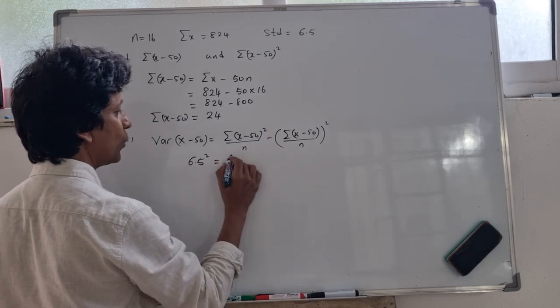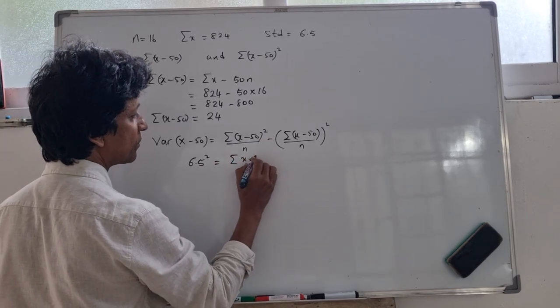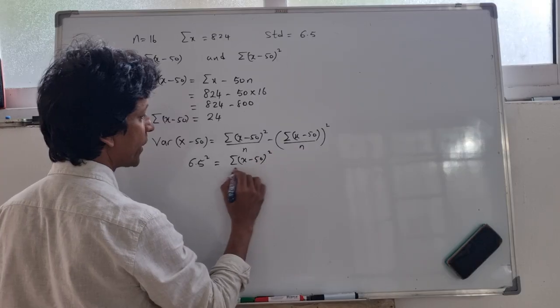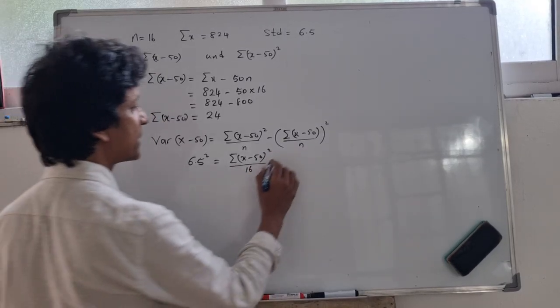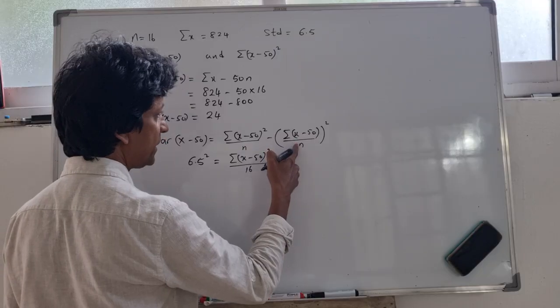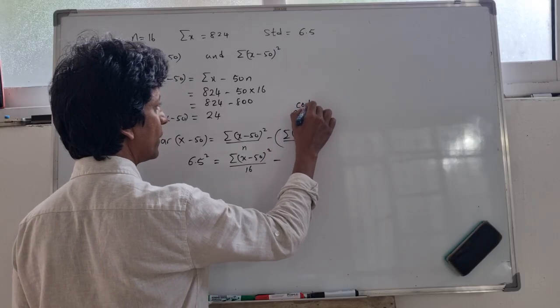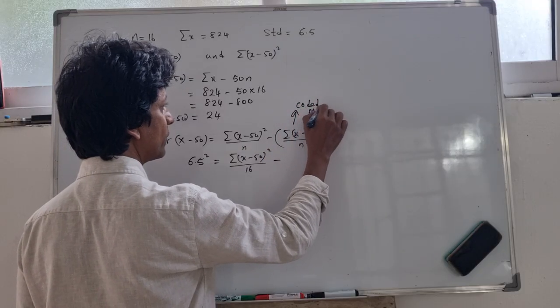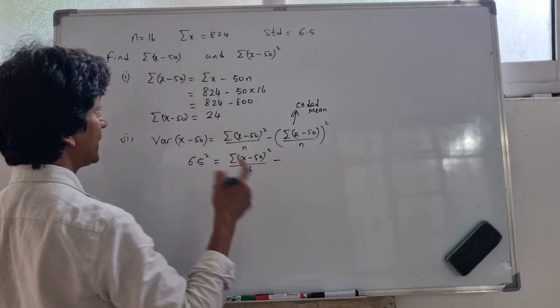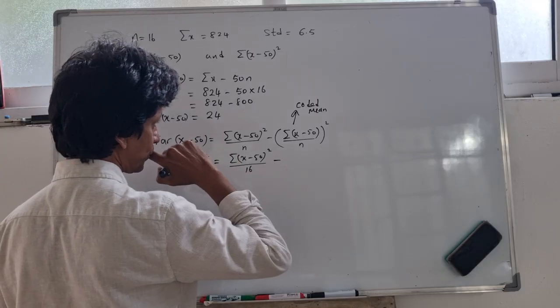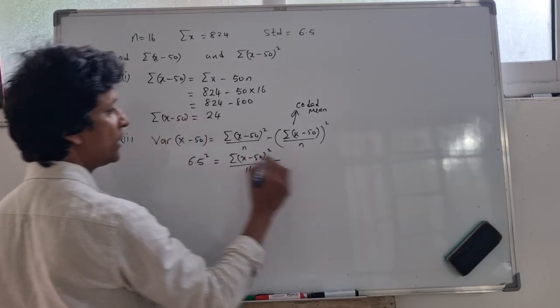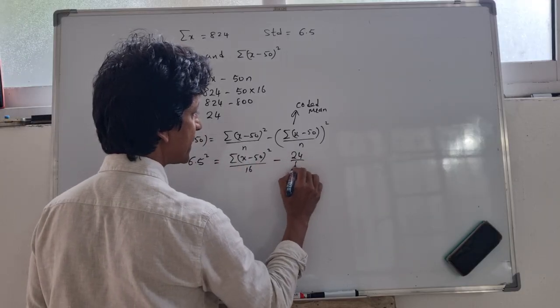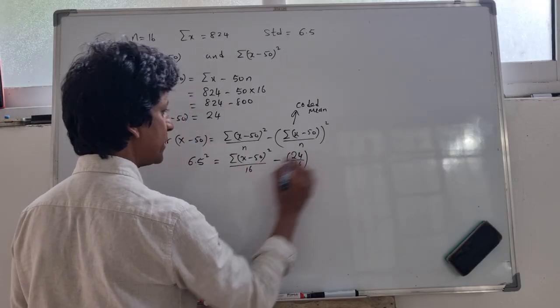And we have the sum of (x minus 50) all squared divided by the number of values, which is 16, minus the coded mean. To find the coded mean, we take 24 here, because that's coded with minus 50. So 24 over 16, all squared.